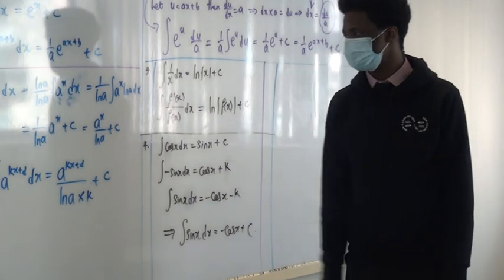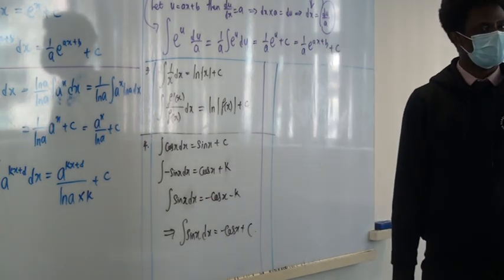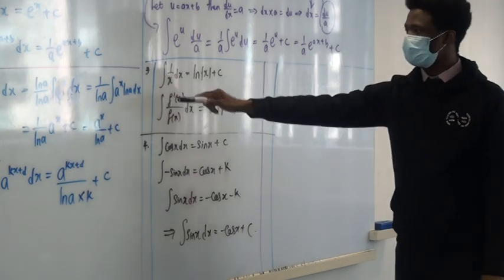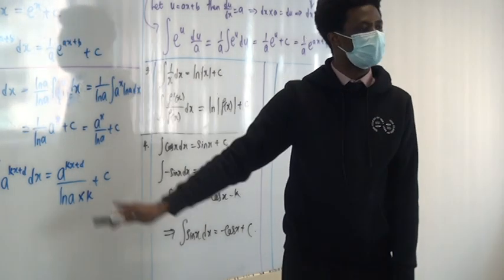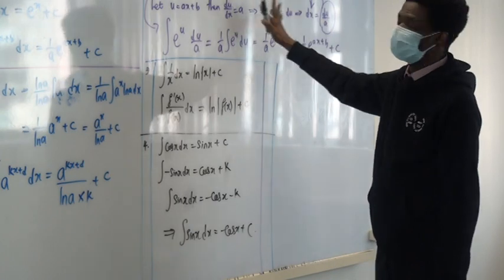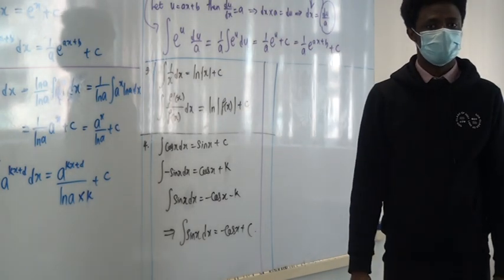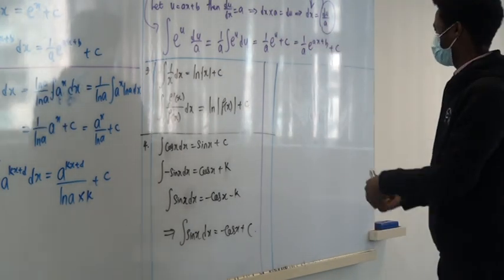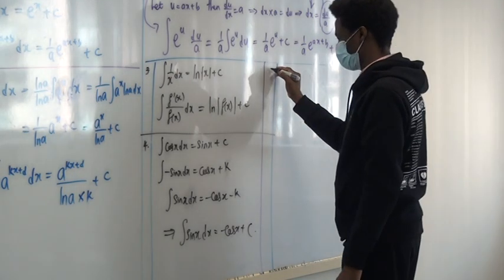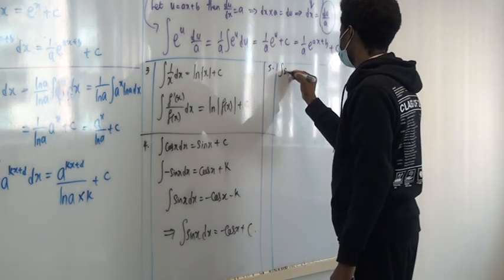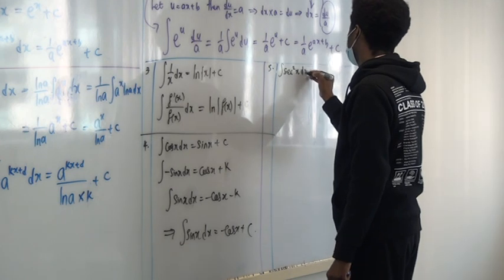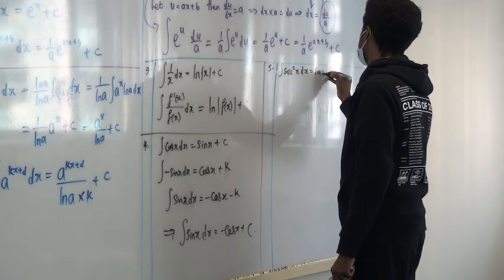Even here, we shouldn't have even bothered. Am I making sense? So I'm not going to write this function ax plus b for all of them. But now we see what happens when you have function ax plus b. Okay, so now for tan is sec squared, so the integral of sec squared dx will be tan x plus c.